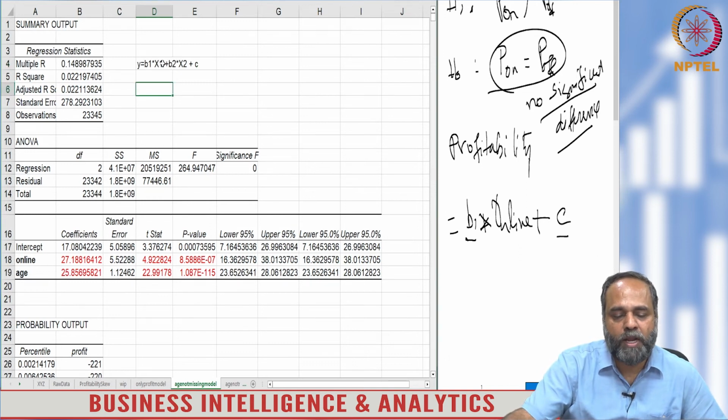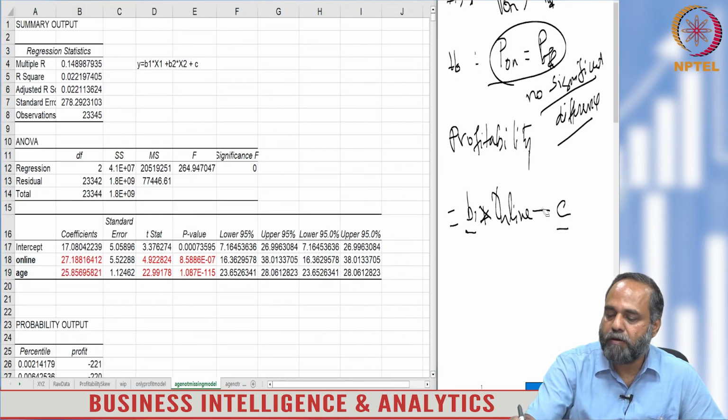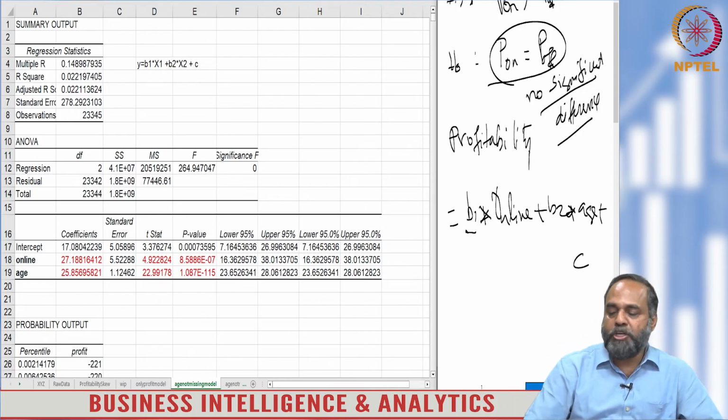My x1 is online, my x2 is age, okay, I am adding age. So profitability is equal to B1 into online plus B2 into age plus C, okay, that is my new model.